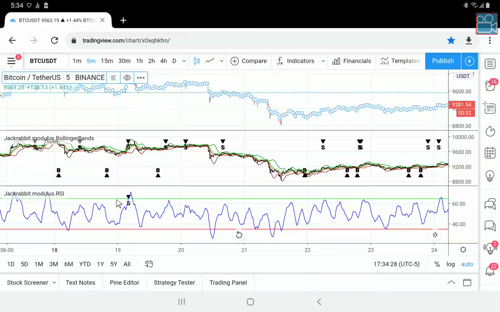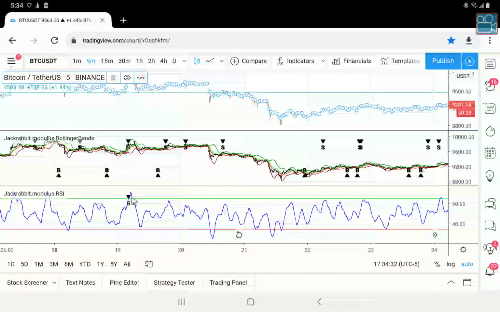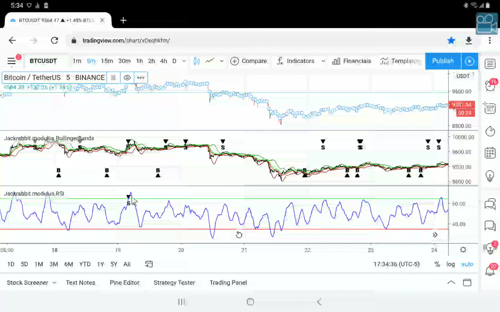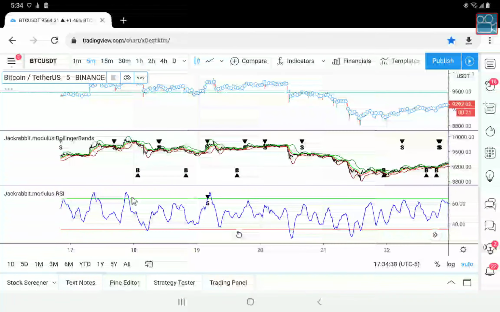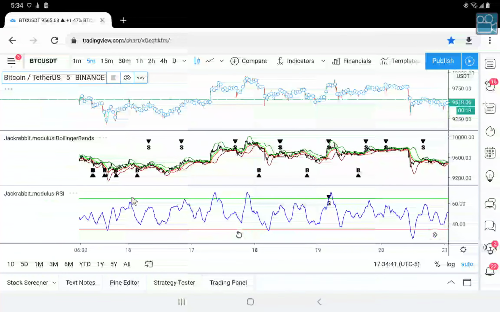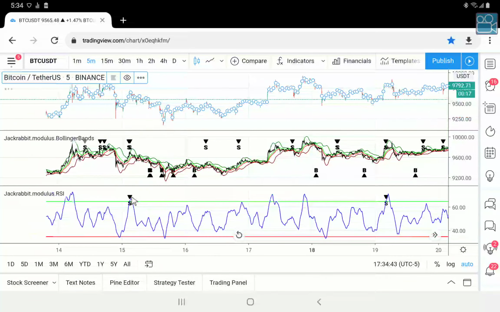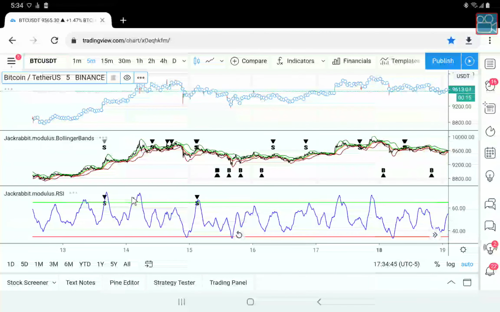Okay, here is the last sell signal. As you can see, the combination does not buy and sell rapidly, but more surgically. And that's why it's favored so much by traders. Okay, there's another sell signal and a third.